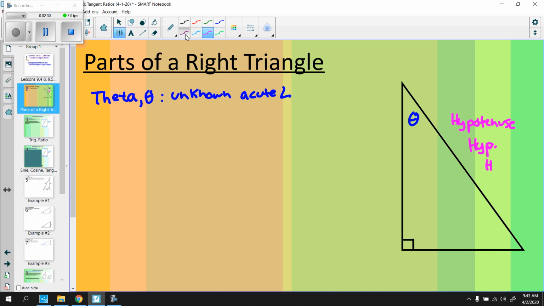Instead of calling them both a generic leg, let's start with the opposite side. It's all perspective here.